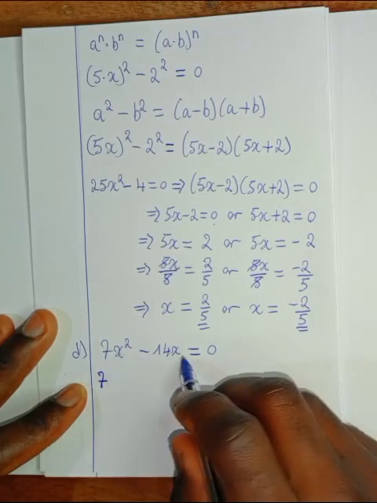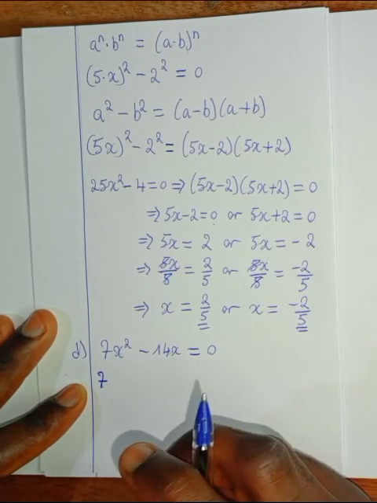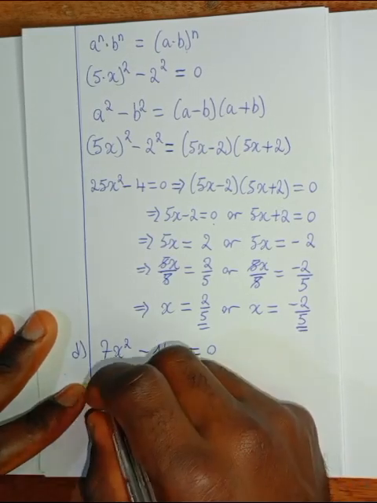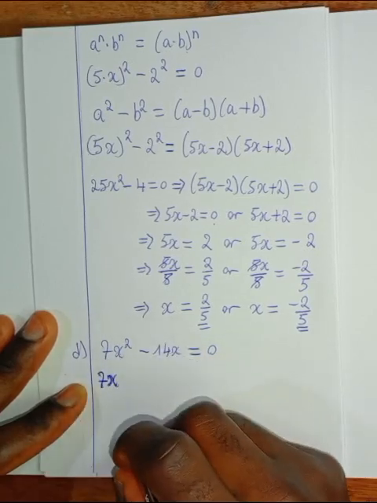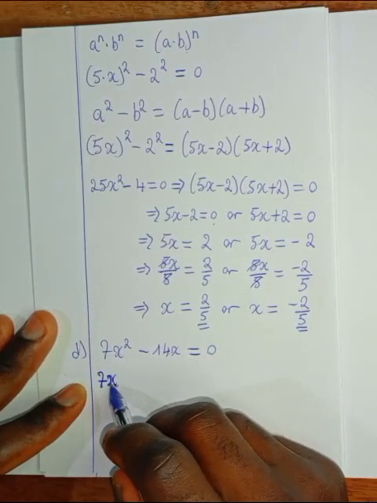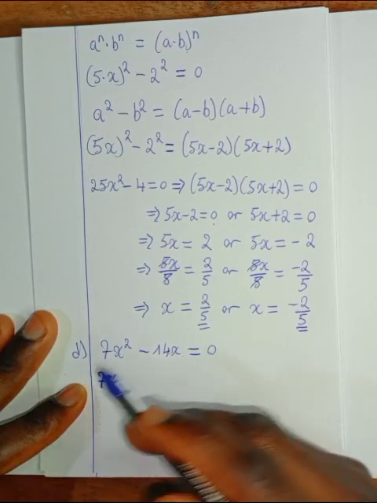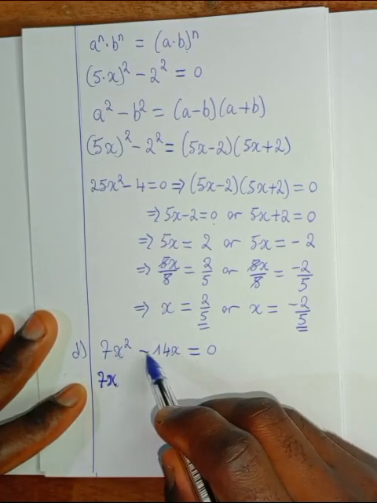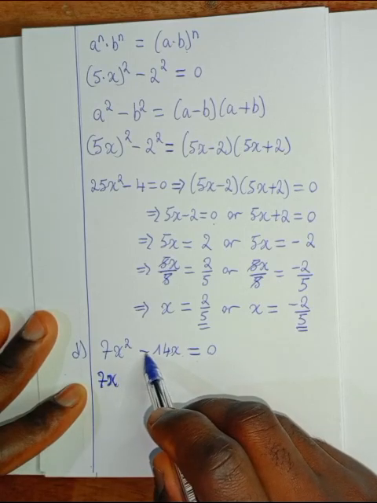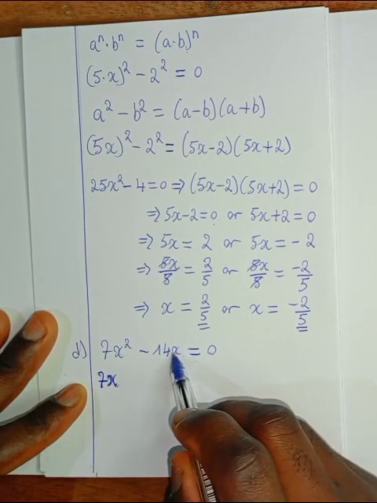Between x squared and x, we know x is common. So we are going to attach x to 7, which gives us 7x. It simply means 7x is the HCF of 7x squared, and we are going to ignore the negative sign here, and 14x.